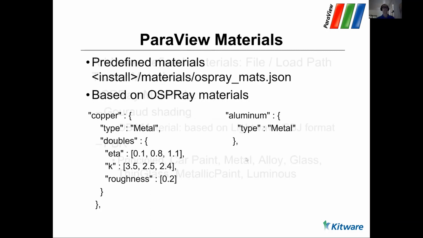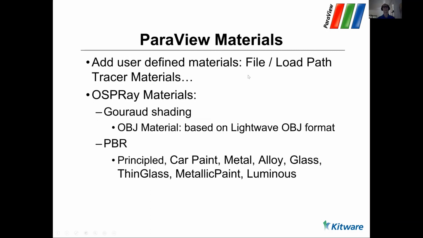You can load new materials, and the OSPRay materials are either object materials, which provide regular Gouraud shading, or PBR materials. You have a number of materials here. Principled is the most comprehensive one.